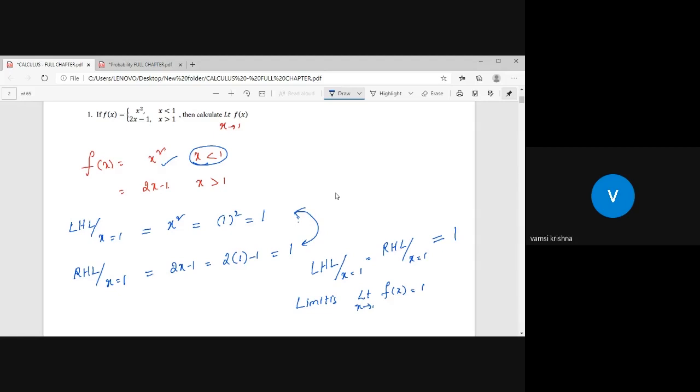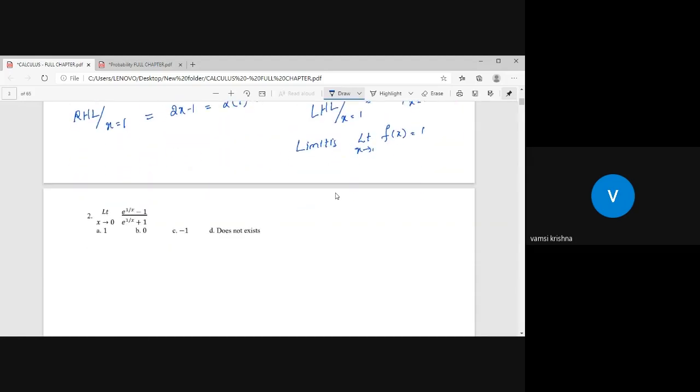Yes, the function has a limit at x equals 1, and moreover it is equal to 1. Yes students, this is the way of finding the limit.